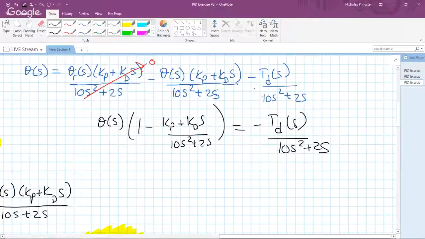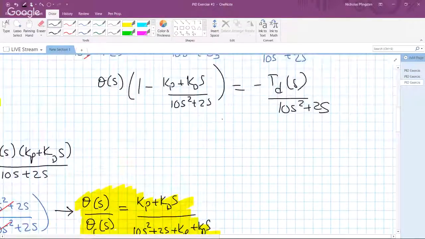What we have for this portion, we separate and try to get the disturbance transfer function that we're looking for.